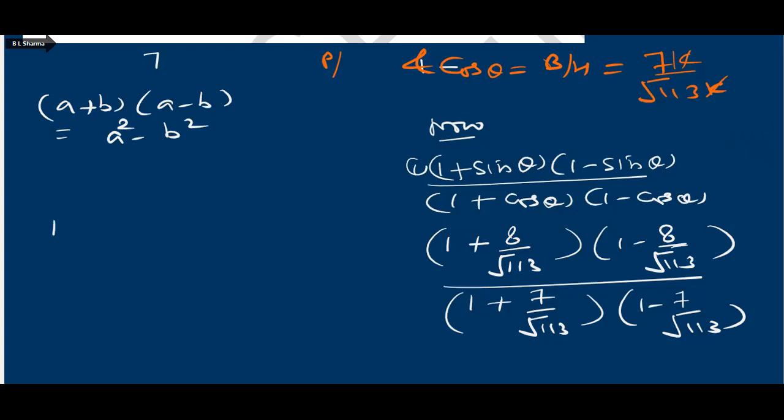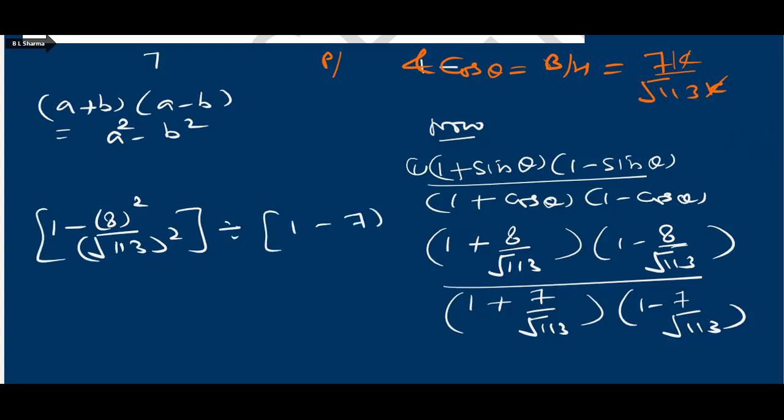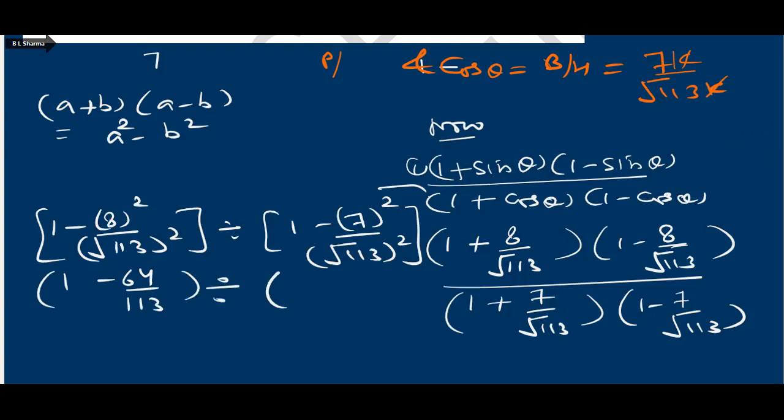So this can be written as 1 minus 8 whole square upon square root of 113 whole square, divided by 1 minus 7 whole square upon square root of 113 whole square. That is 1 minus 64 upon 113, 1 minus 49 upon 113. On further simplification, you will find it.